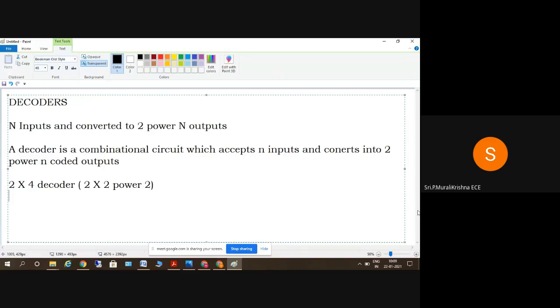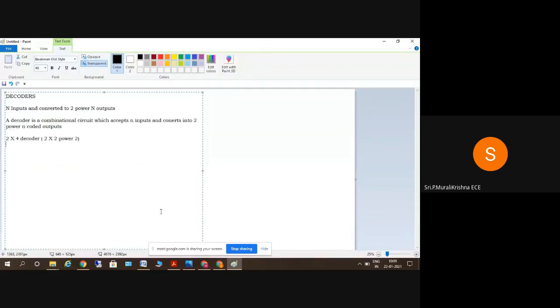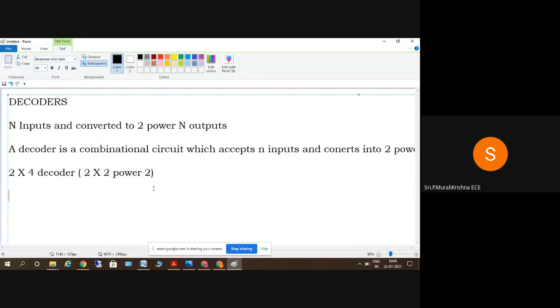First of all, I have to draw a truth table for this one. The truth table will have 2 inputs and 4 outputs. The inputs will be x and y, and the outputs I'll put as d naught, d1, d2, and d3.